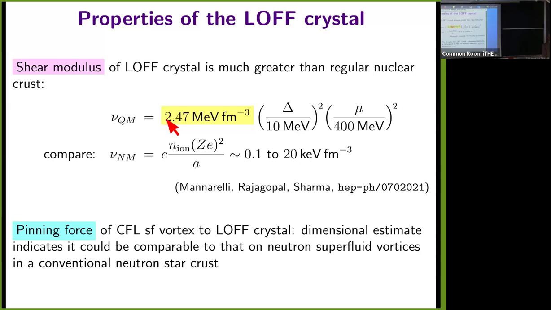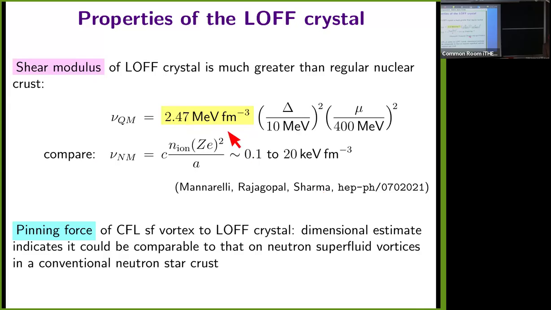So they're very strong. The rough estimate, based on the Landau-Ginzburg theory, so again, it might be a little bit dubious, was that the characteristic scale of the shear modulus was in the sort of MeV per cubic Fermi range, whereas for a nuclear matter crust made of ions, it's in the keV per cubic Fermi range.